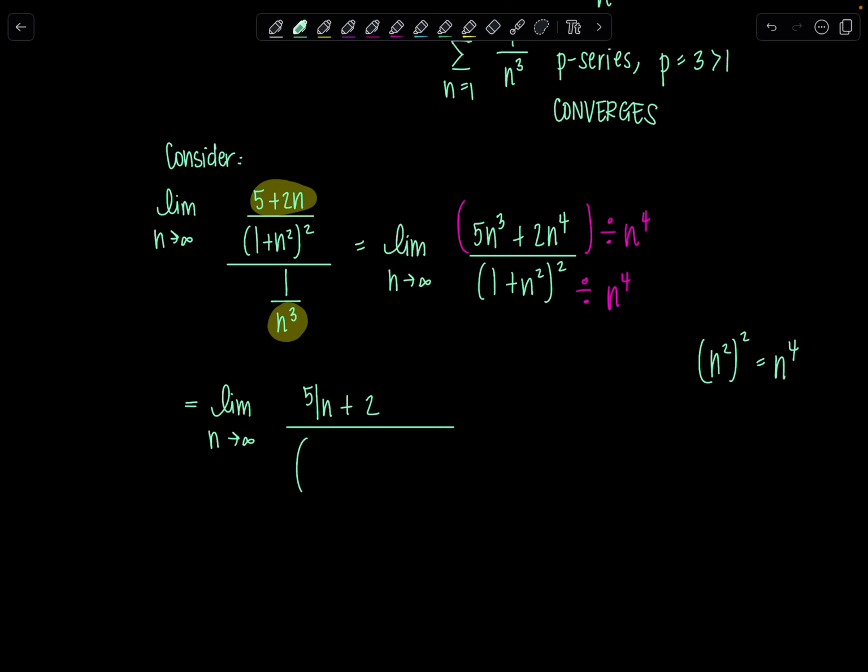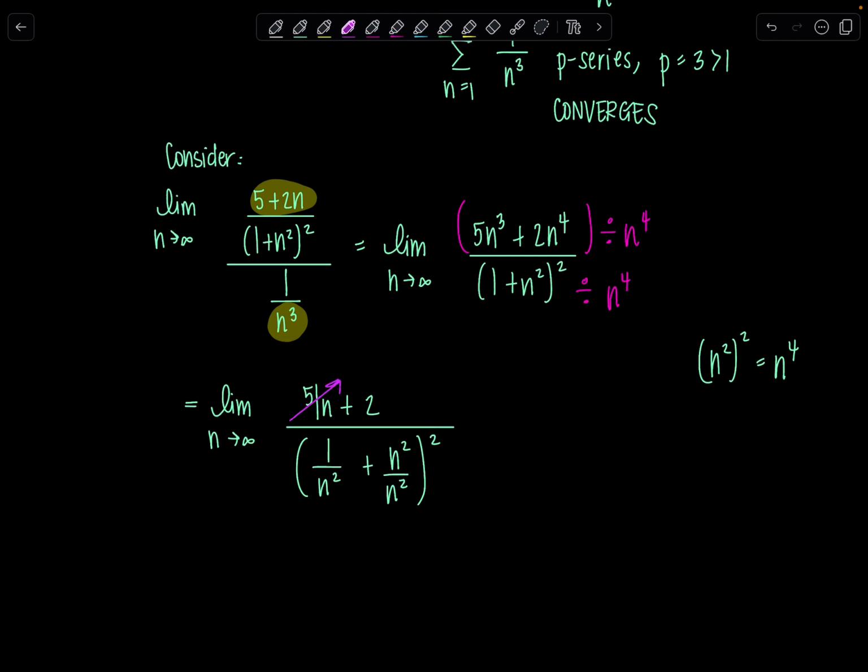So what I'm going to have right now is (1 over n squared plus n squared over n squared) squared. Did I lose you or you're okay? This n to the 4th becomes n squared when I put it inside these parentheses here because it's already going to square it one more time. Okay, so we can take this limit.